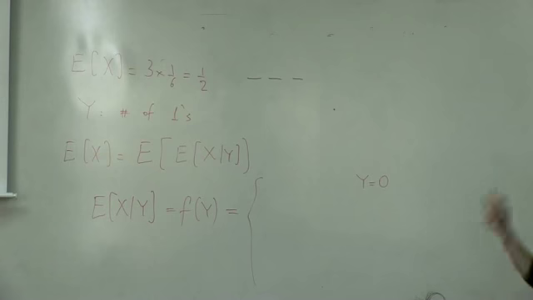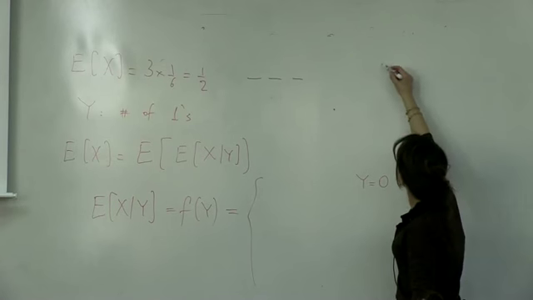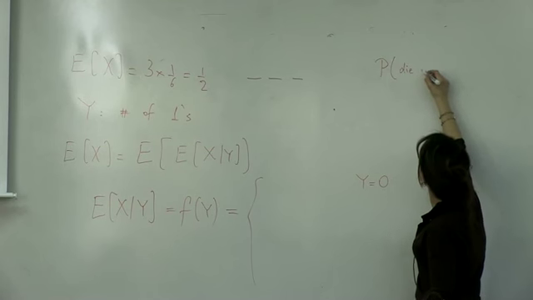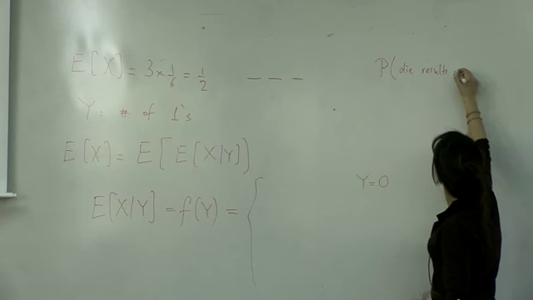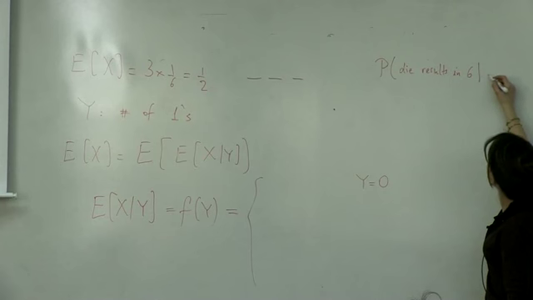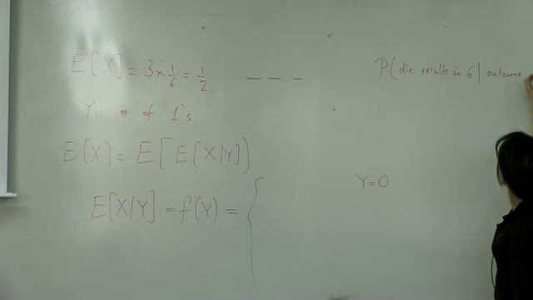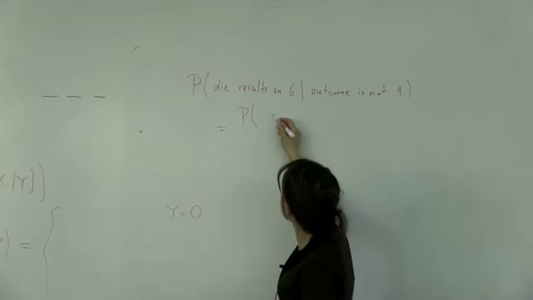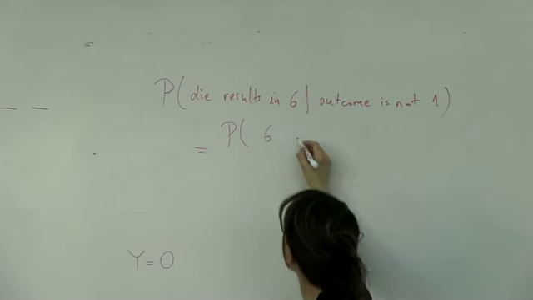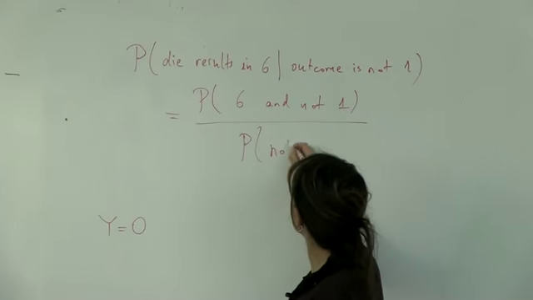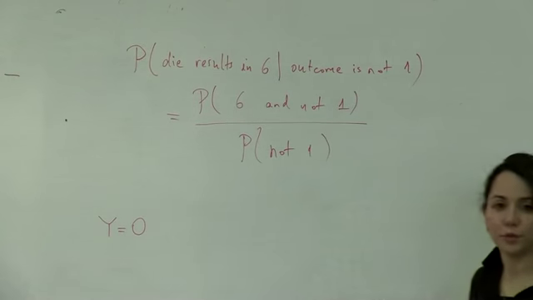1 over 5. Let's convince ourselves. The probability that the die results in 6 given the outcome is not 1 is the probability that it's a 6 and not 1, divided by the probability of the outcome not being 1.